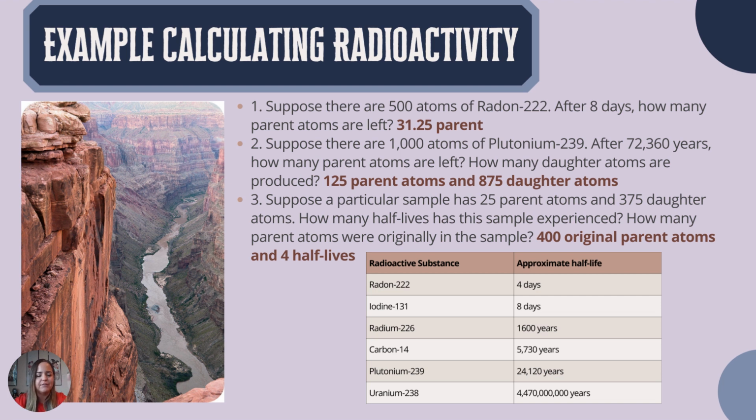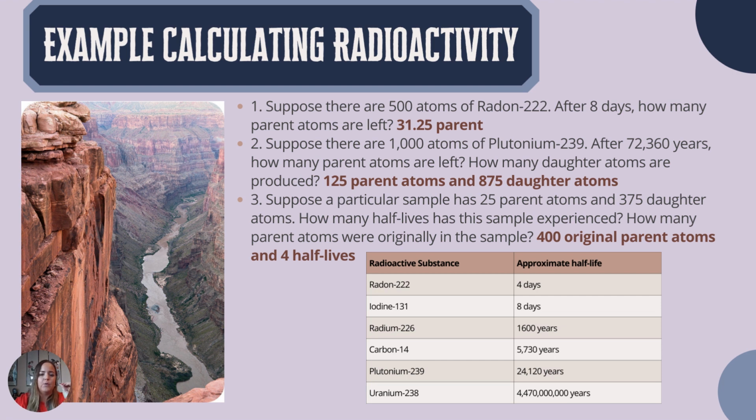So 500 divided by 2 divided by 2. We're looking at 125 parent atoms left. So ignore this answer. It's 125 parent atoms. Keep that in mind.